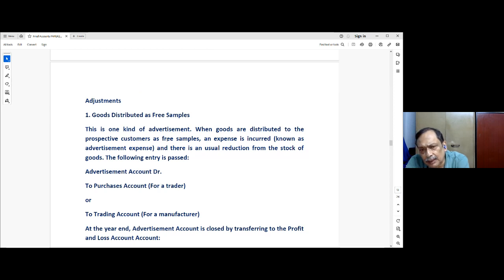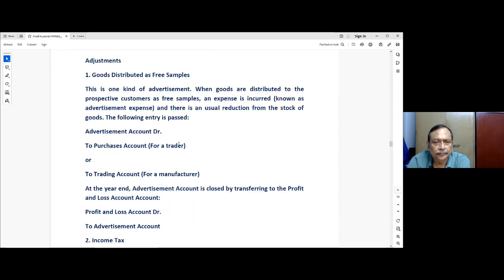And there is an usual deduction from the stock of goods. And the entry will be advertisement account debit to purchase account for a trader or to trading account for a manufacturer.